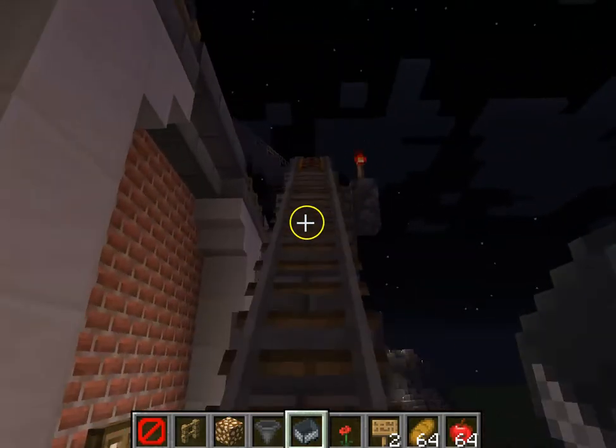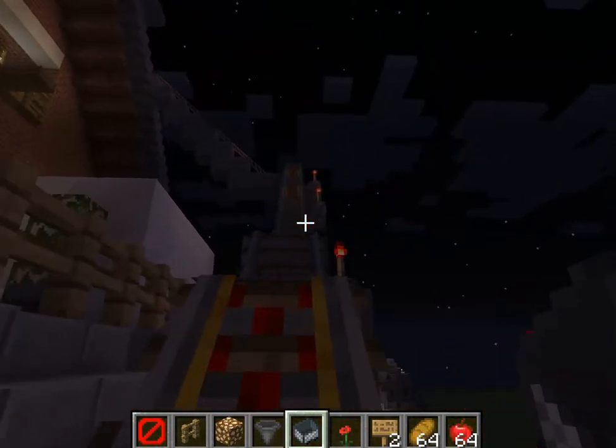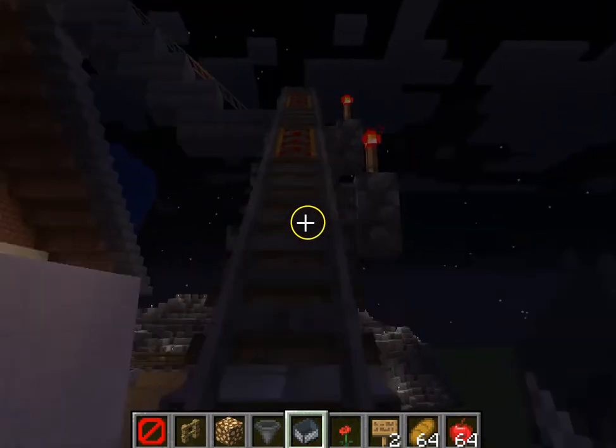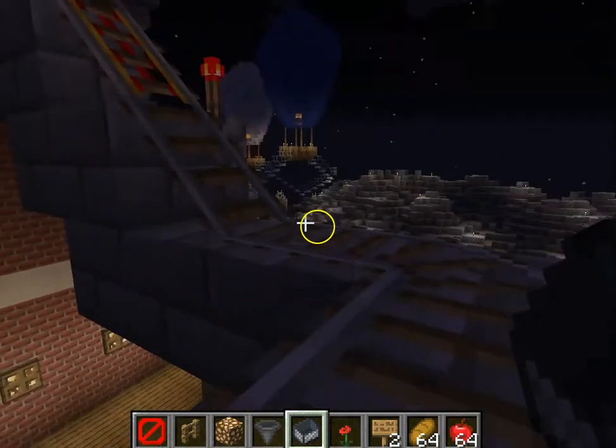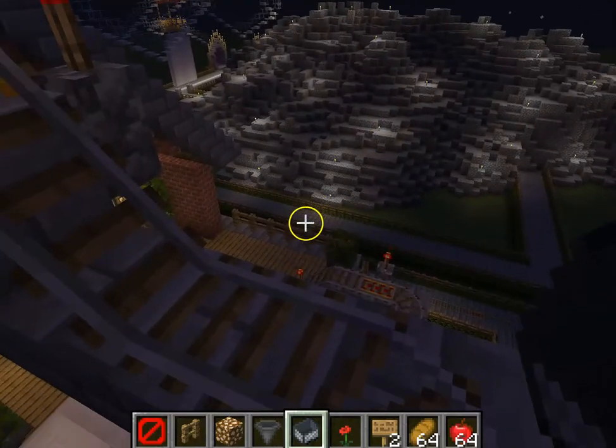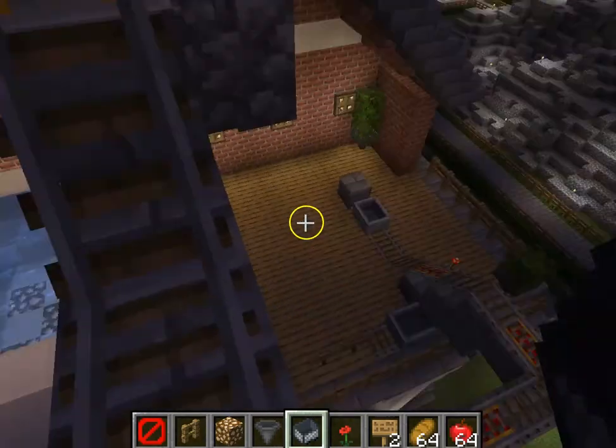Where's this amazing track lead us to? Oh, be careful there.